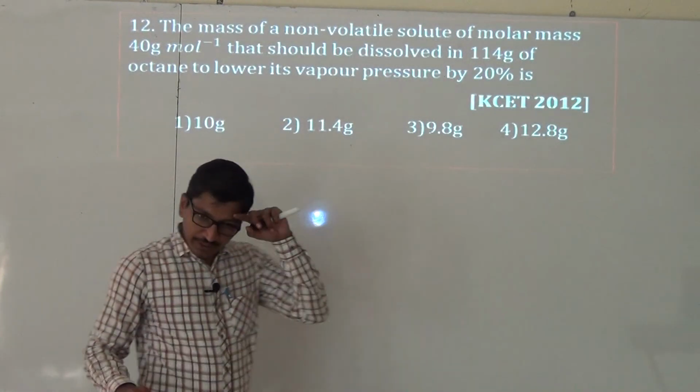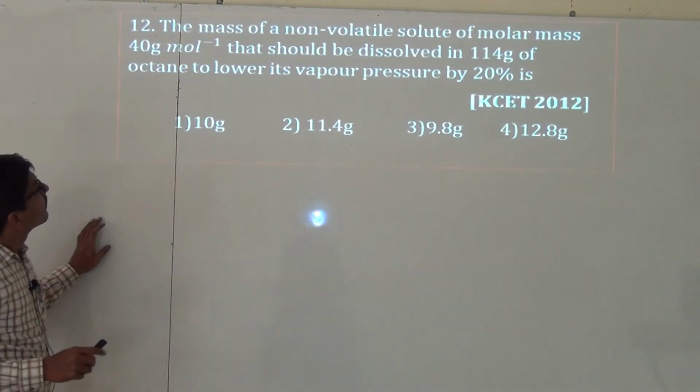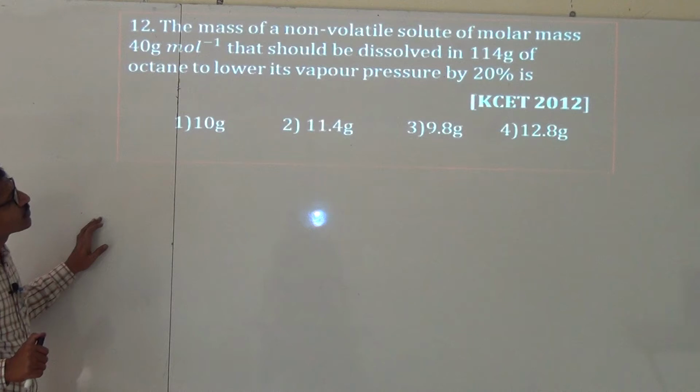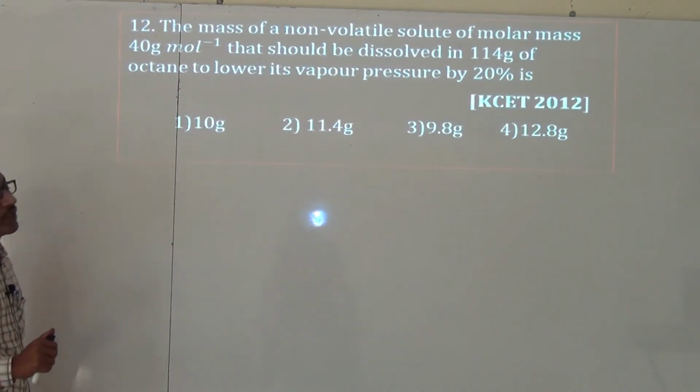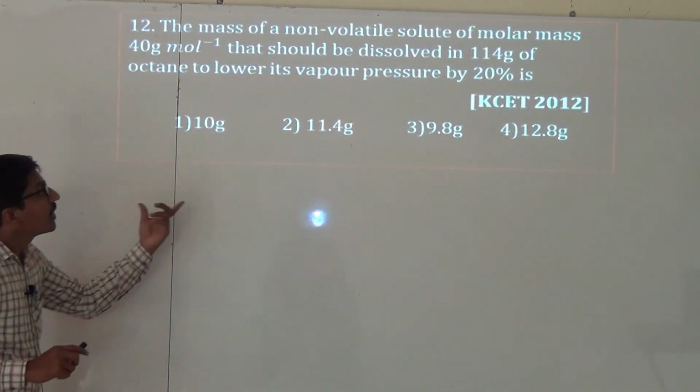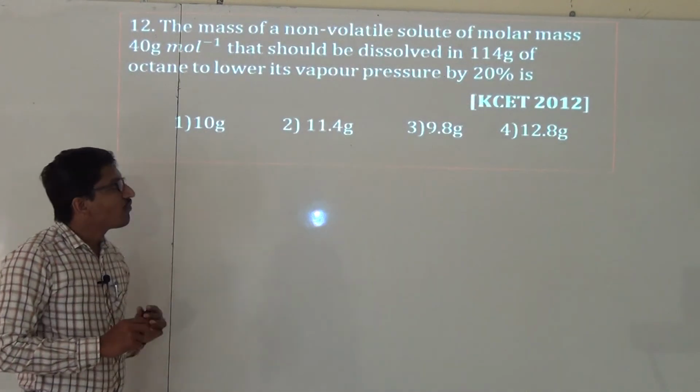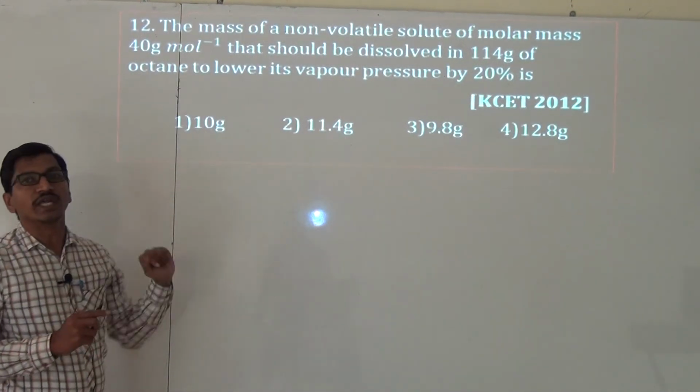Next question is, the mass of a non-volatile solute of molar mass 40 gram per mole that should be dissolved in 114 gram of octane to lower its vapor pressure by 20%. The lowering of vapor pressure is 20.